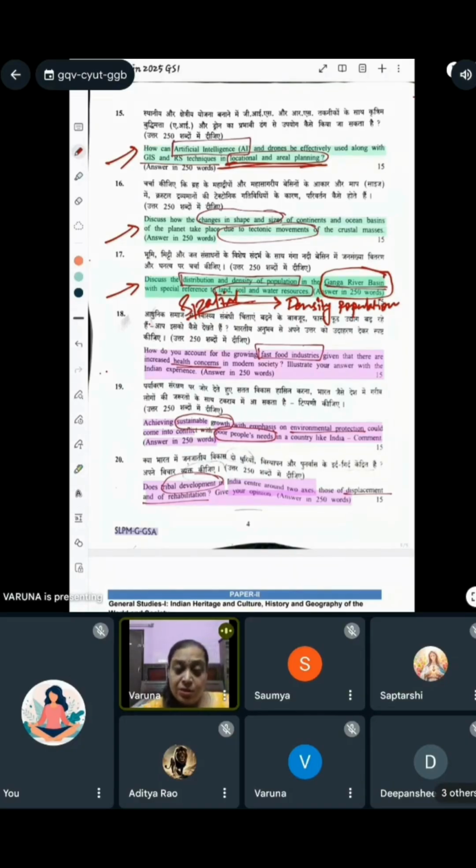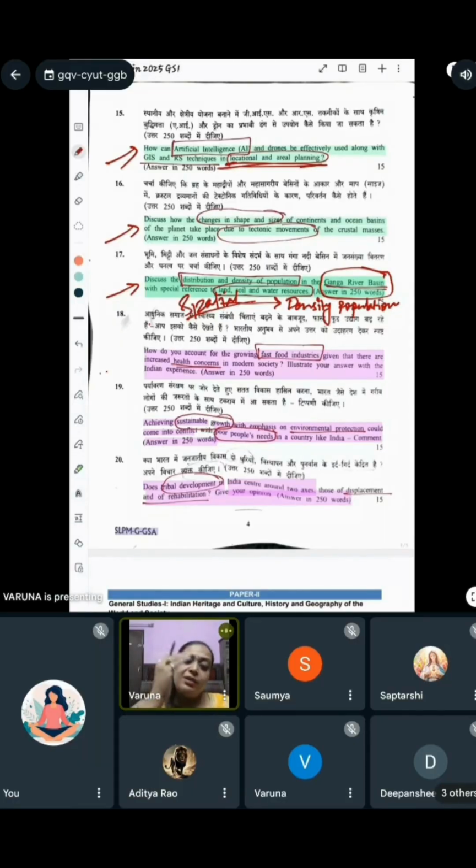But in the west, the soils are comparatively less fertile, like the Chambal ravines or the Punjab belt. The soils are degraded. That's why the fertility of the soil is reduced. When the fertility of soil is reduced, even the water resources are comparatively lesser as compared to the east.